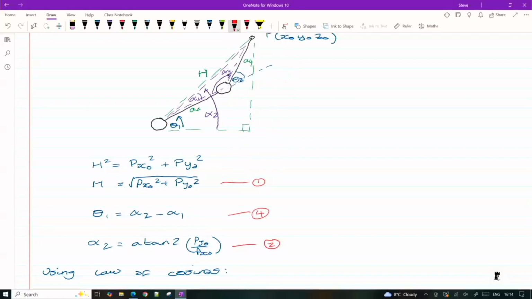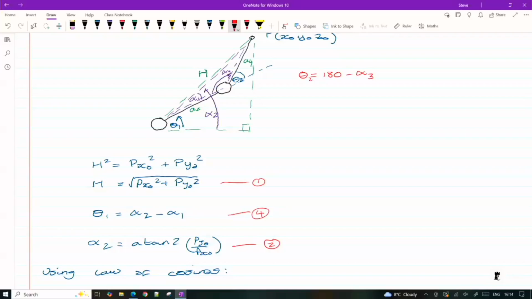Is 180, so theta 2, I'll just write this in, minus alpha 3. Okay, so everybody see that? So alpha 3 is the angle between A2 and A4 that I've labelled up there. And theta 2 is the angle between the extension of A2.